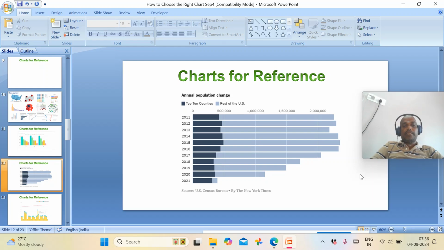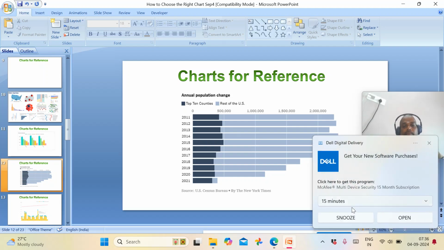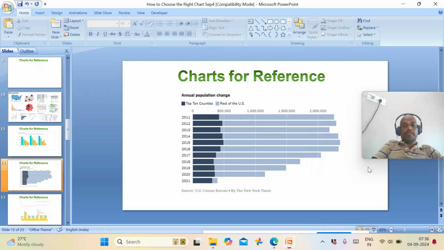So the top 10 countries and the rest of the world. You can show the rest in a pale color, and the top 10 countries you can see distinctly, so that we can see the difference between the top countries and the rest, how the populations change by year.